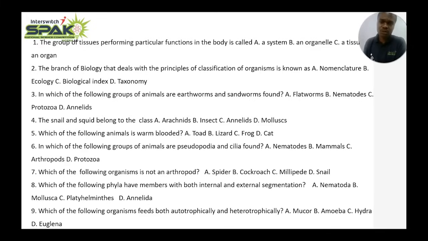They cannot manufacture their own food, so they feed on dead, decaying organic matter, digesting it extracellularly, then absorbing nutrients from it. Amoeba feeds heterotrophically, they can't manufacture food. Hydra feeds heterotrophically as well. Euglena can feed heterotrophically when there is no light, and when there is light, they manufacture their own food through photosynthesis.